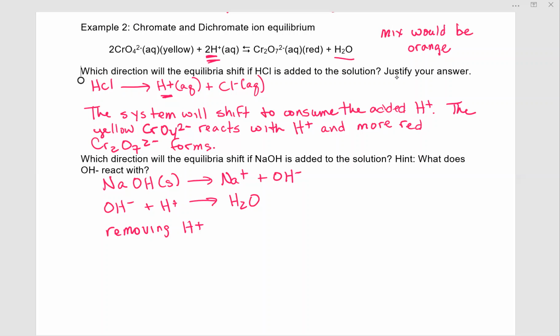So as we remove the H+, the system will shift to replace H+ in the reverse direction.